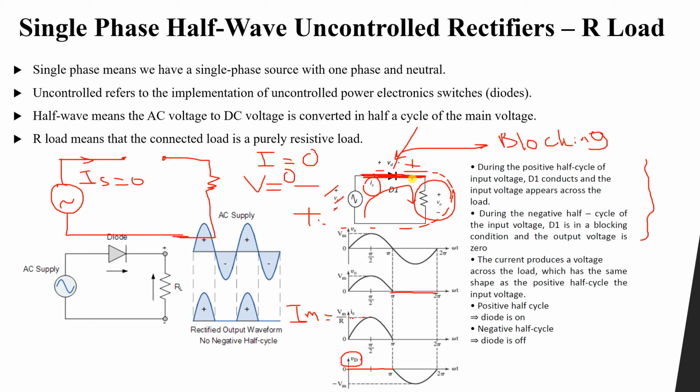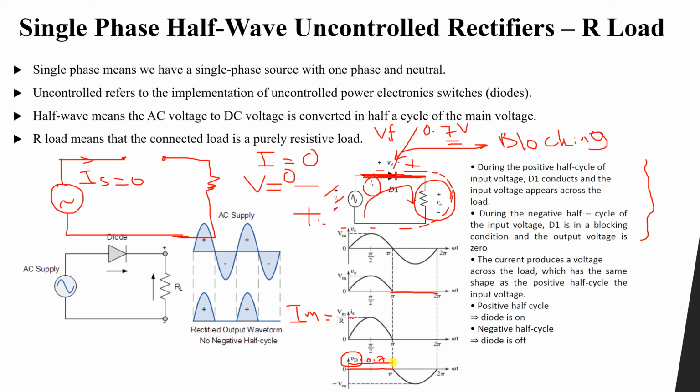However, in reality, there will be a V forward, for example 0.7 volt. So in this waveform we will just make it a constant value of 0.7. Here I'm assuming that it is ideal, so it will be 0.